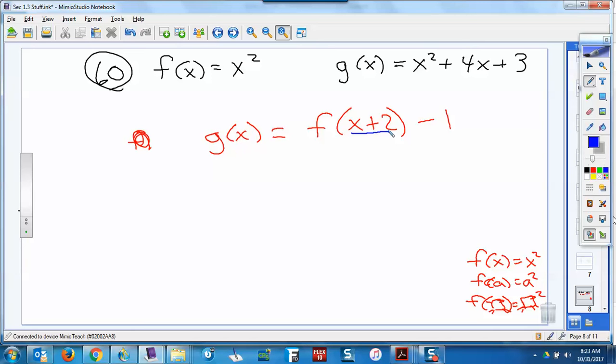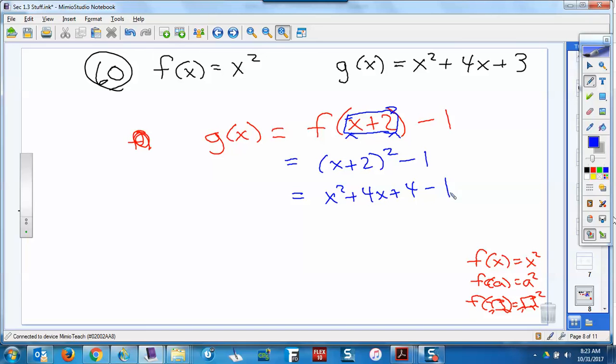So this means take this and stick it right there for that x, right? There's my German short hair right there. I'm going to take that and plug it into there. So I'm going to get x plus 2 quantity squared minus 1, which is x squared plus 4x plus 4.